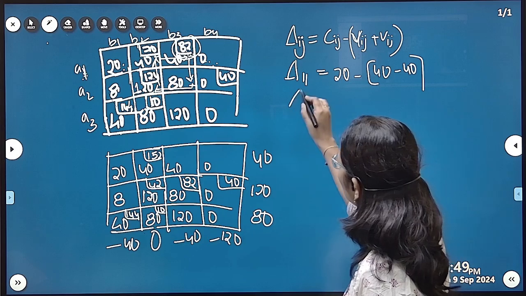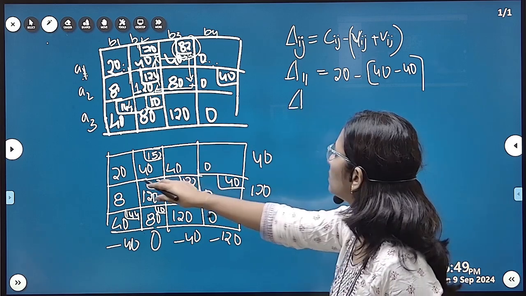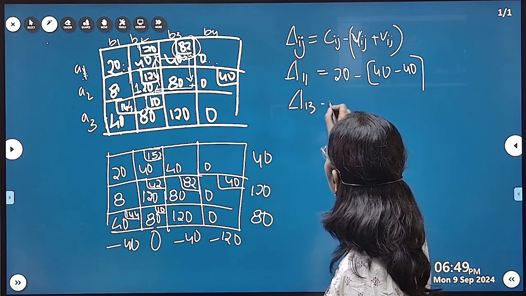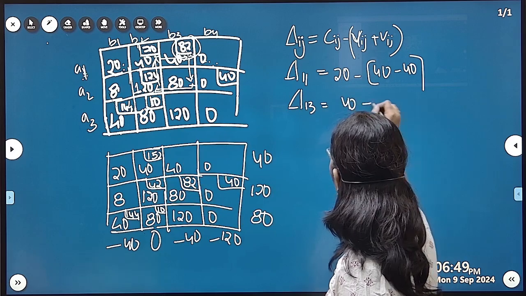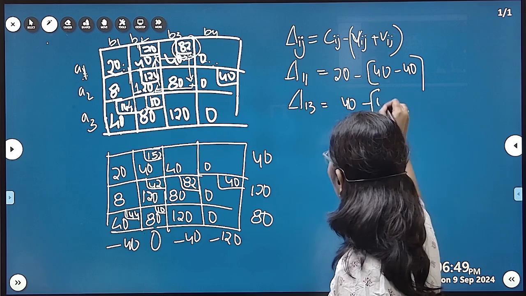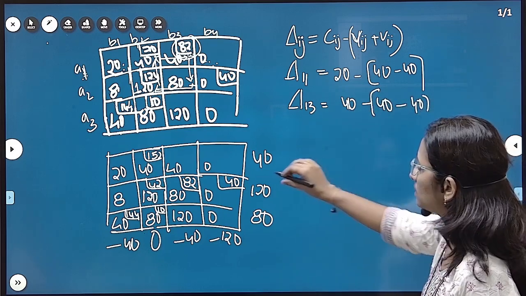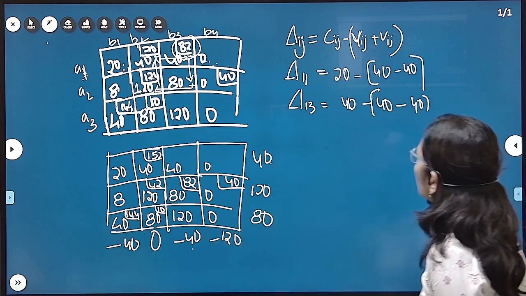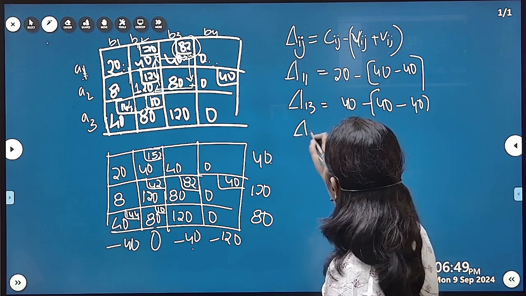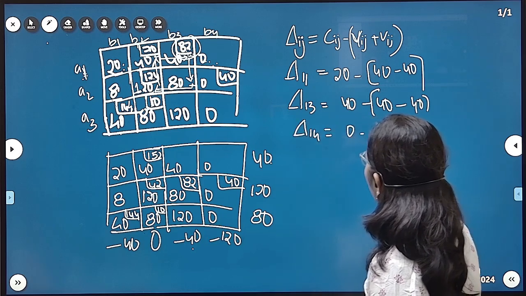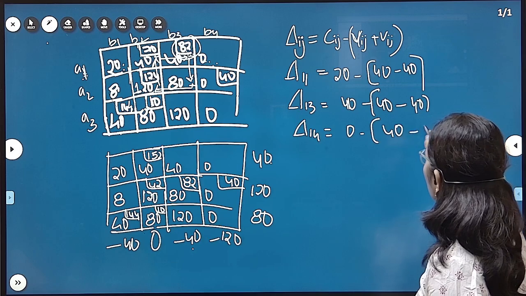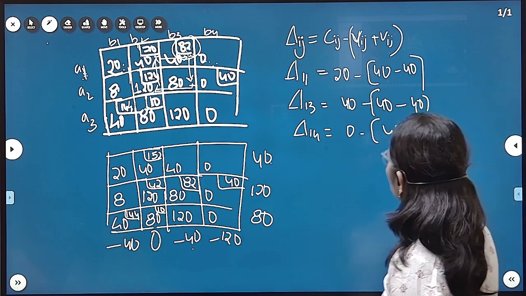So next one, delta 13 is equal to 40 minus 40 minus 40. Here this 40 and this 40. So next delta 14 is equal to 0 minus 40 minus 120. Okay.